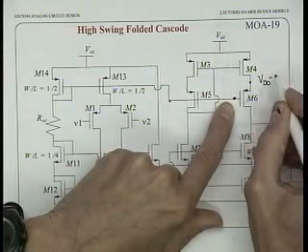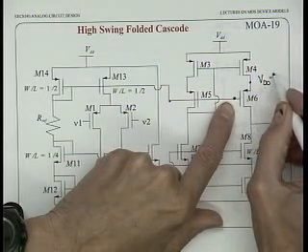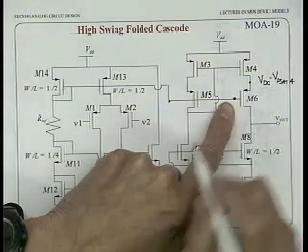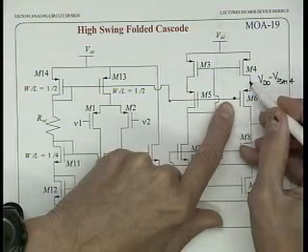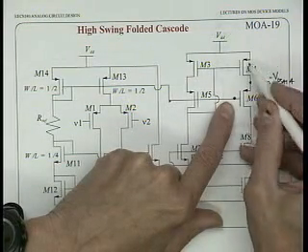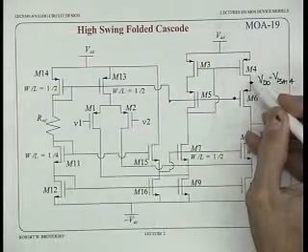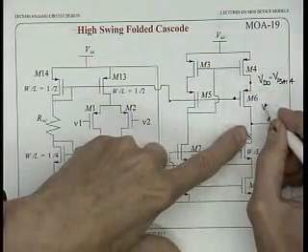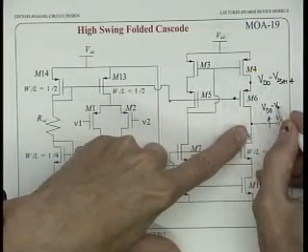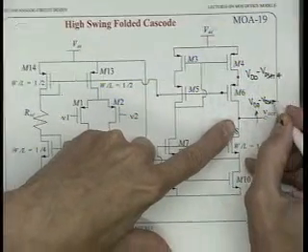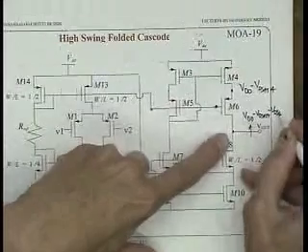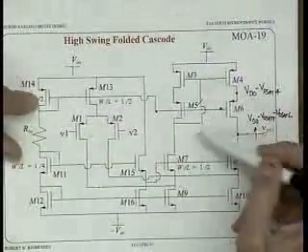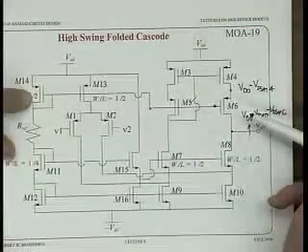VDD minus VDSAT of transistor 4, right? That's the best voltage we can have here, because that just puts this guy in saturation. That's the high swing condition. And that means this voltage in its most positive direction can be VDD minus VDSAT of 4 minus VDSAT of 6. So the question is, is this biasing strategy right here doing that for us?